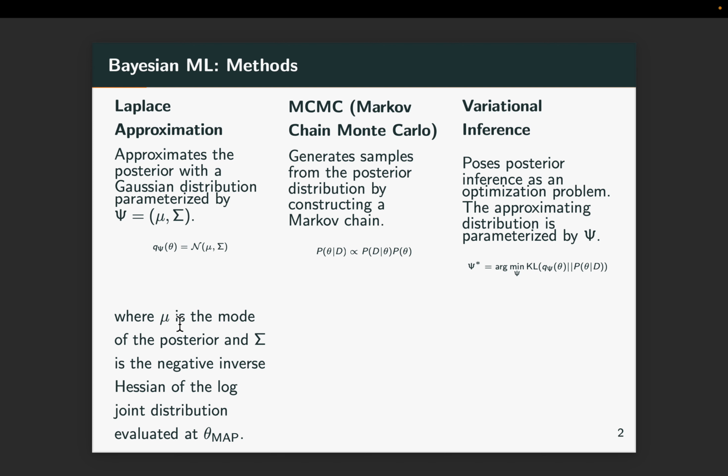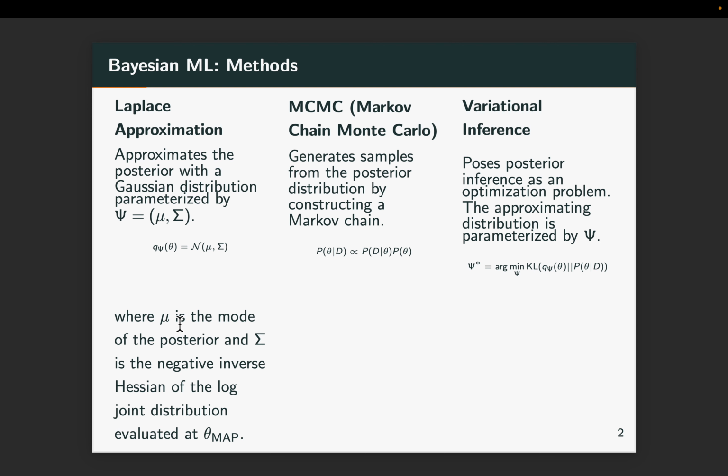That is the first difference. Second, in the Laplace approximation, if you notice, we have fixed the mu value to a certain theta map, and then we calculate the covariance matrix via a certain formulation. But in variational inference, we typically don't assume anything to be fixed. We compute both.